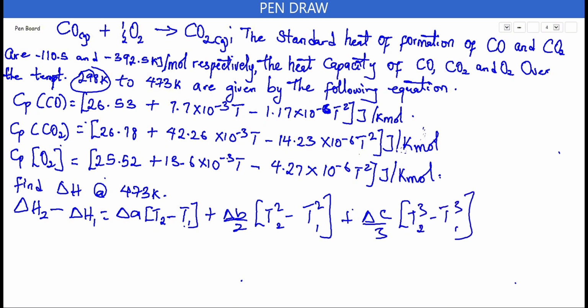So you can easily recall this formula. We are stopping at C because what they give us is just A, B and C. You can see how they will give us A.